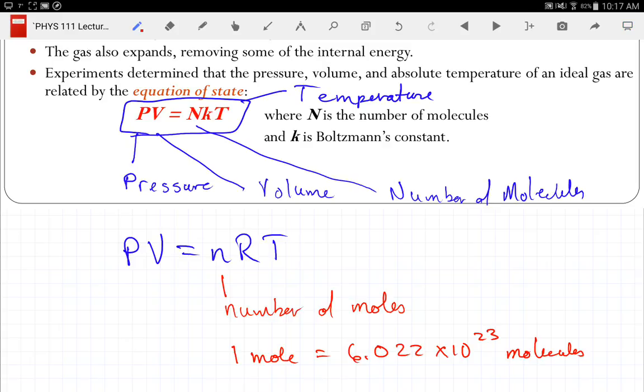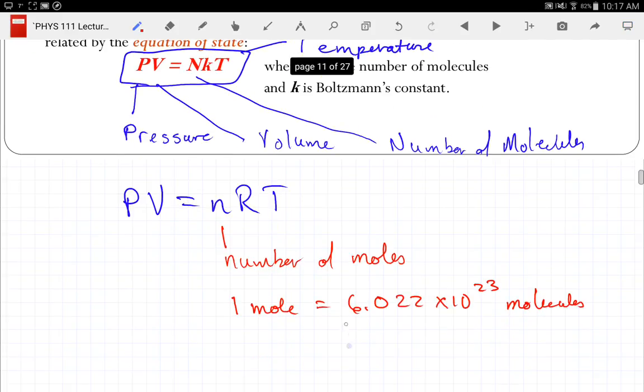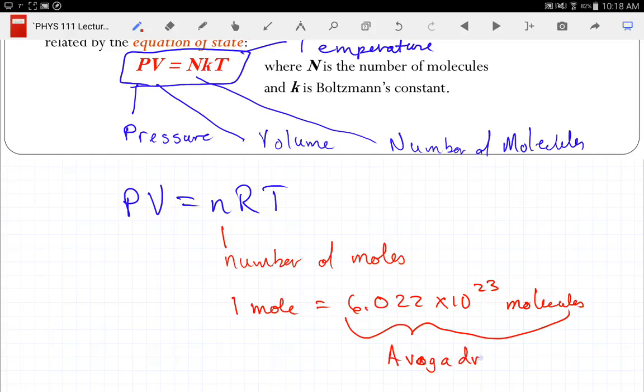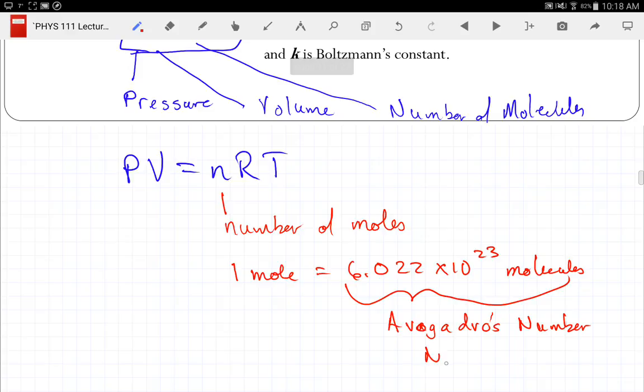This number, 6.022 times 10 to the 23rd molecules, has a name. It's Avogadro's number, with the symbol N sub A for Avogadro. So we've changed from talking about the number of molecules to the number of moles, which is just a different unit for number of molecules.